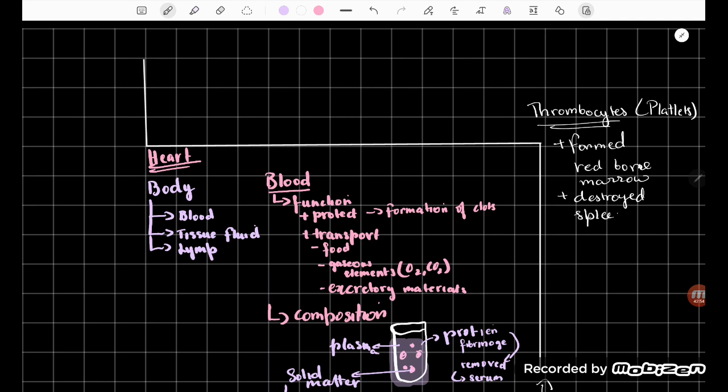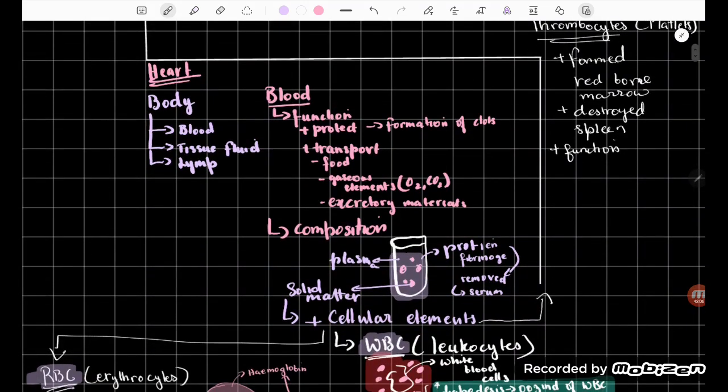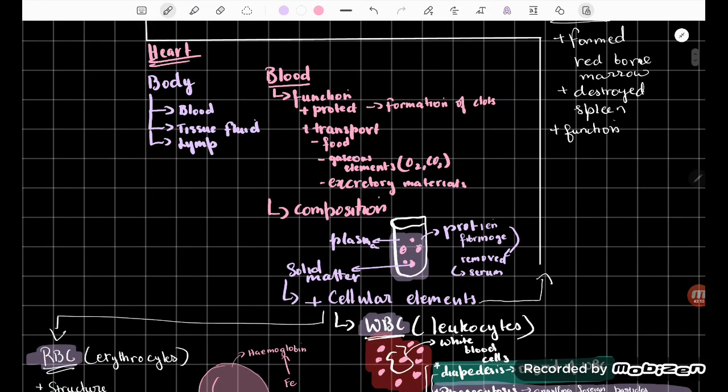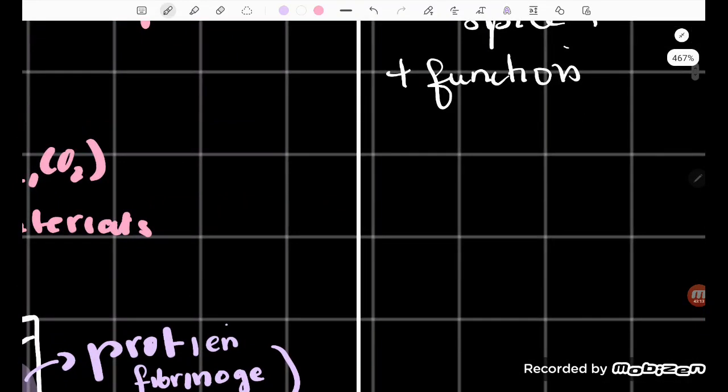So they are formed in red bone marrow, destroyed in spleen, all that stuff. Their main function is to initiate blood clotting.